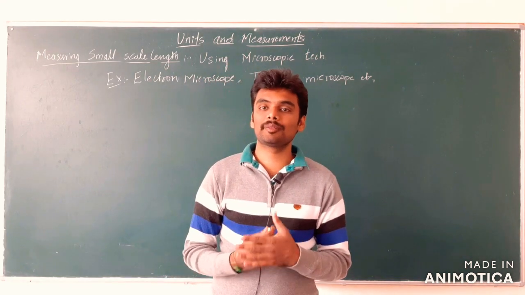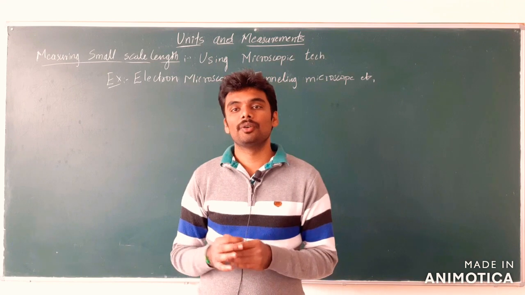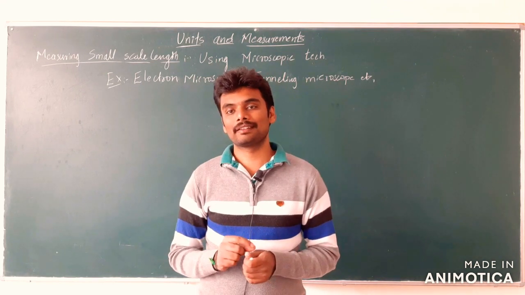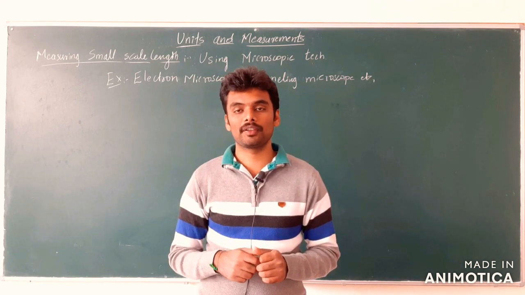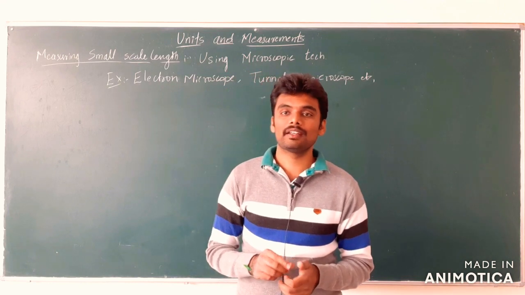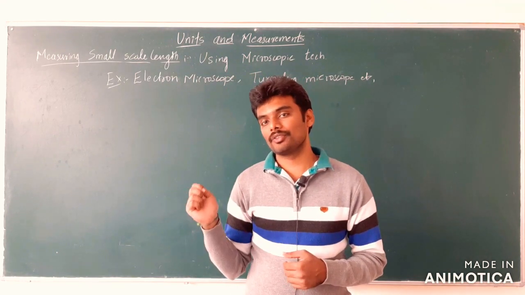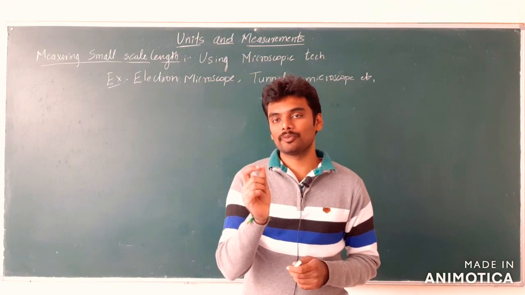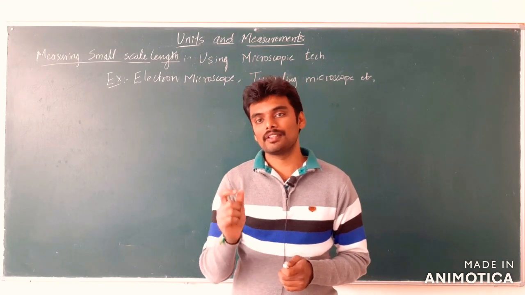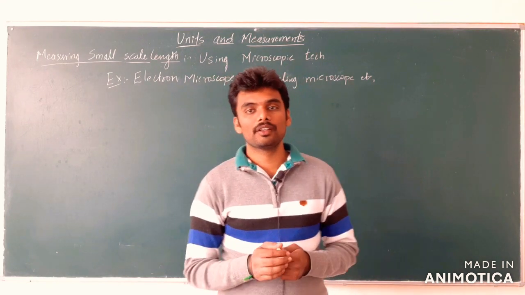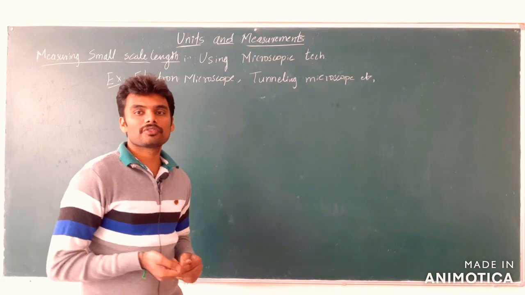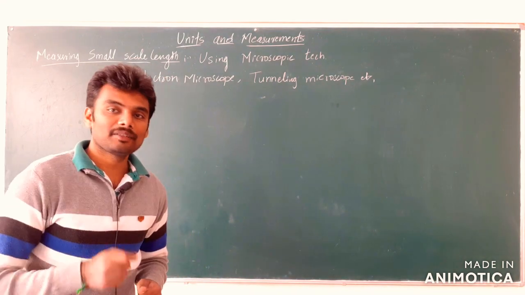There are some indirect methods to measure very small lengths, like the size of a molecule. We'll see what that indirect method is now. Particularly, I am going to choose the oleic acid molecule.